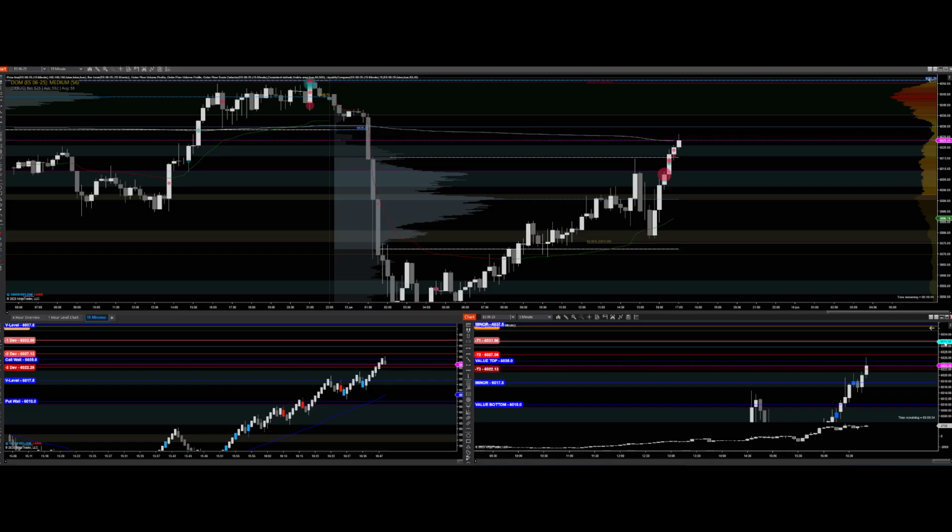Okay, value top is rejecting. Weekly VWAP is rejecting. Let's see if we hold it. I think T1 to max alpha is in the near future. That would be really crazy.